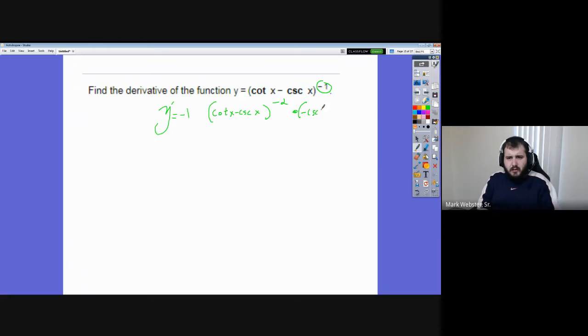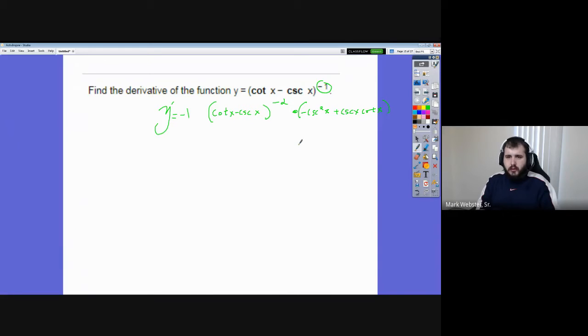And then minus, what's the derivative of cosecant? Negative cosecant cotangent. So negative, negative, that's a plus now. And again, are you going to do extra work here?